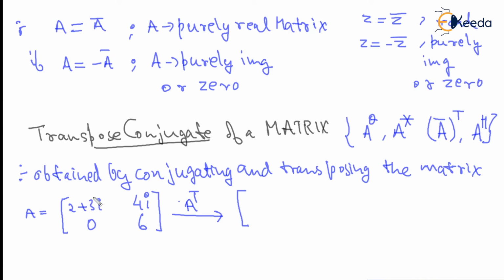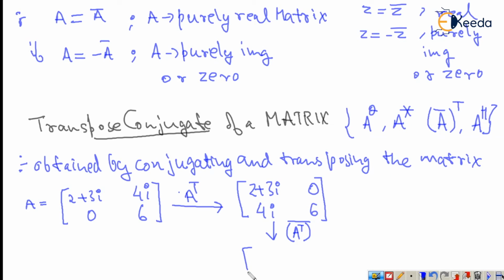The first column is 2 plus 3i and 0, then 4i and 6, right? And now if we conjugate it, A transpose conjugate becomes 2 minus 3i, 0 still 0, 4i becomes minus 4i and 6 becomes 6.